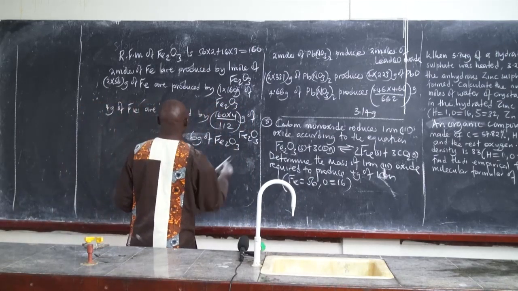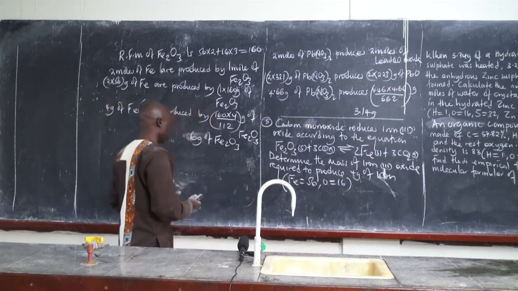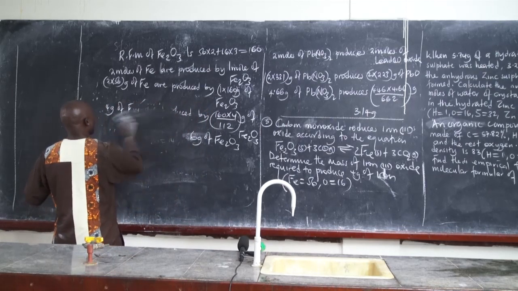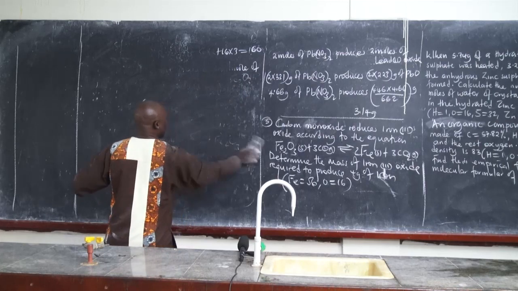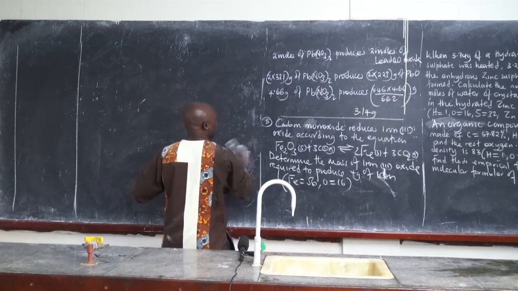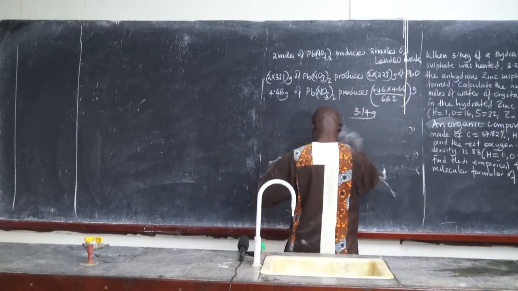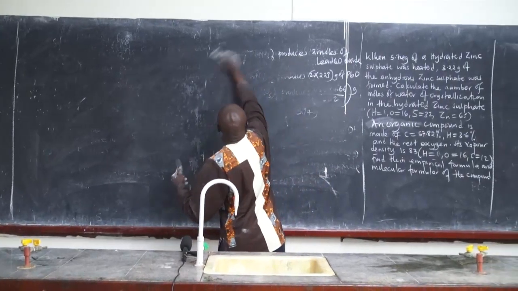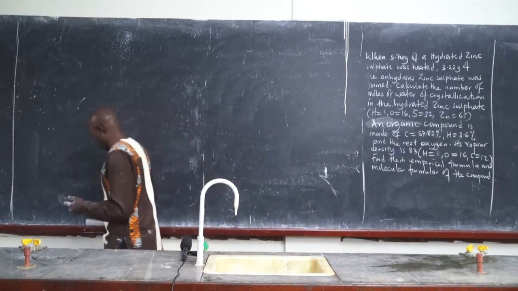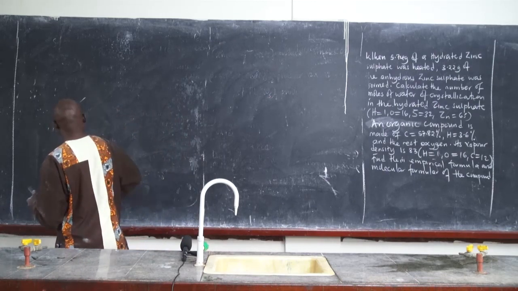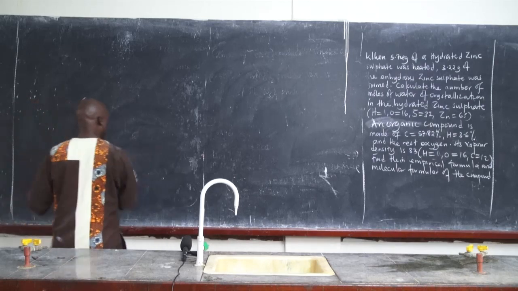This is how we use stoichiometry to get the masses. So let's look at volumes of gases as our last discussion for this topic. How do we get volumes of gases?